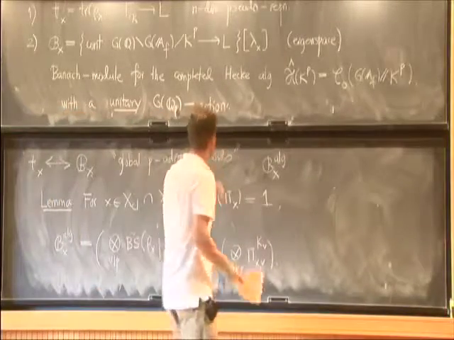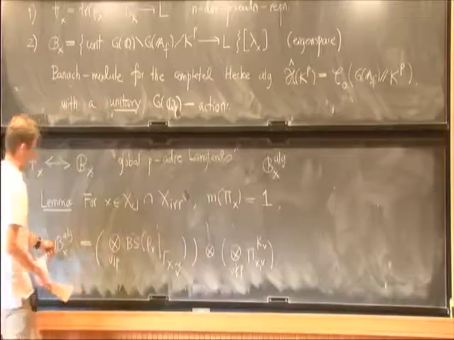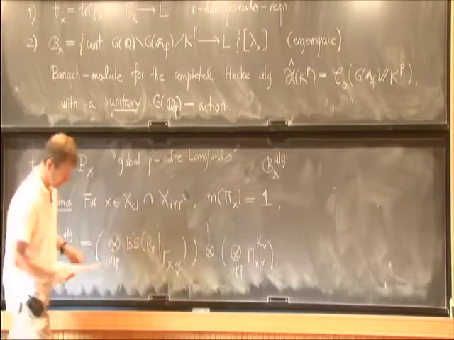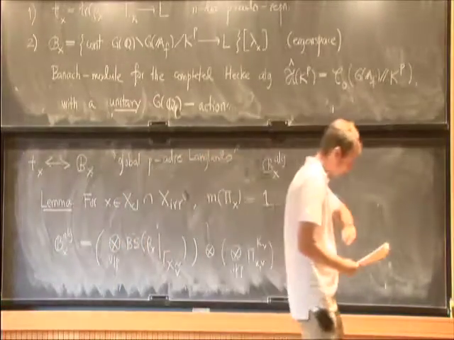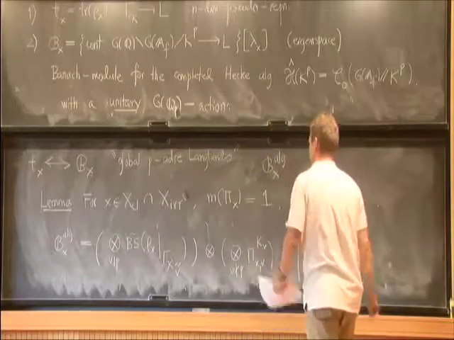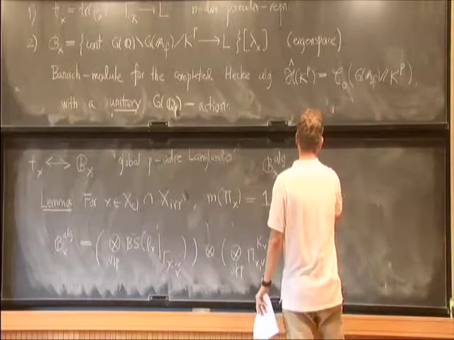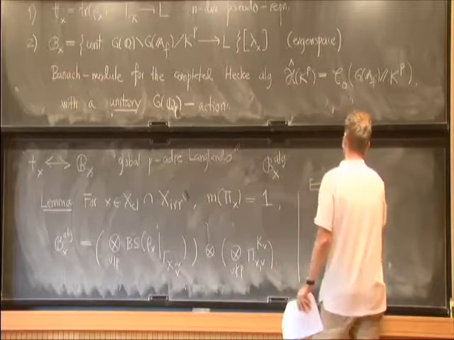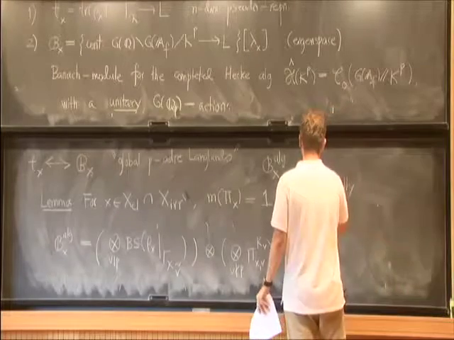So in particular, you can take your norm on Bx and restrict it to these guys, and produce a norm on these locally algebraic representations. And I should say the key input is this local-global compatibility at p.